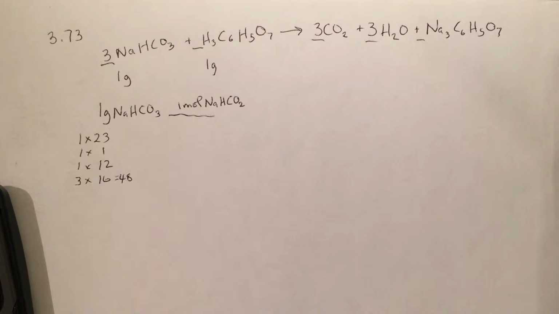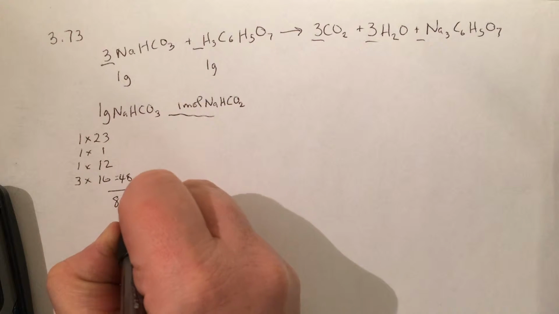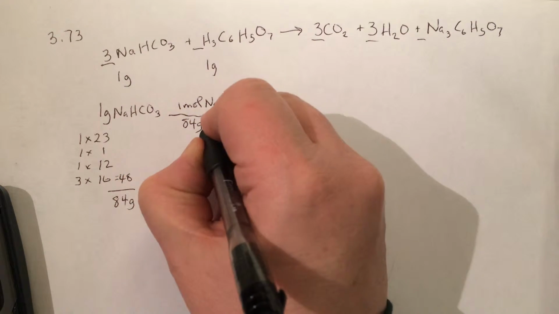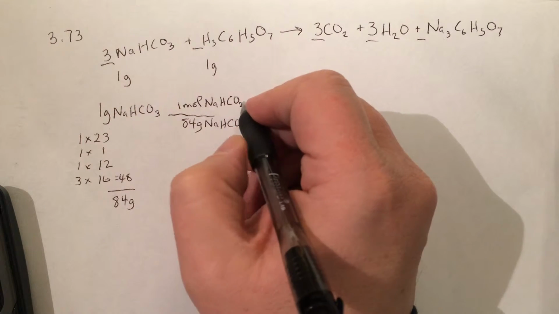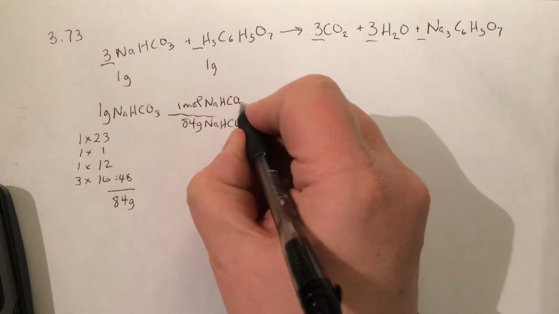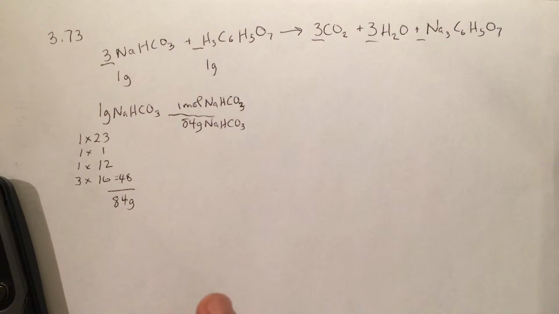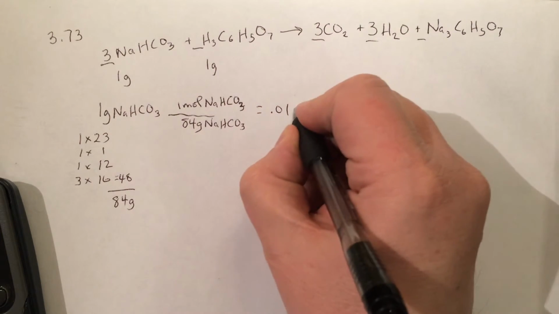So what's the whole thing? Okay. 48 plus 12 plus 1 plus 23 gives me 84 grams per mole. So this is 84 grams of that. All right, so 1 divided by 84 is going to give you 0.01 moles.